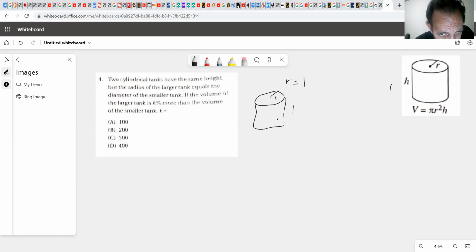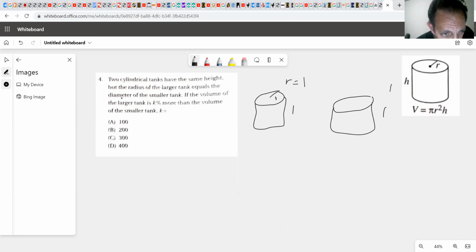Then the next cylinder is going to be the larger one. Let me draw that out. This one is going to have the same height, so a height of 1.